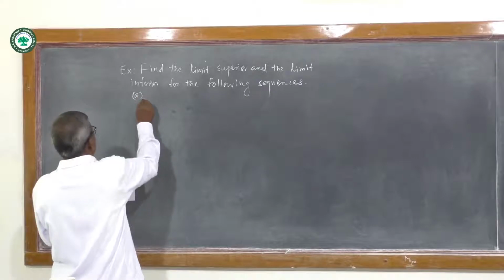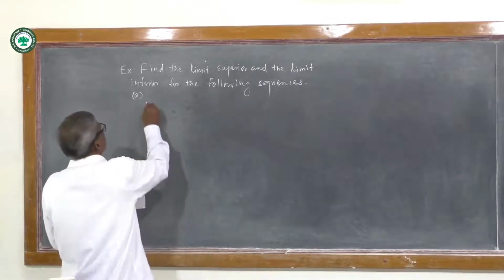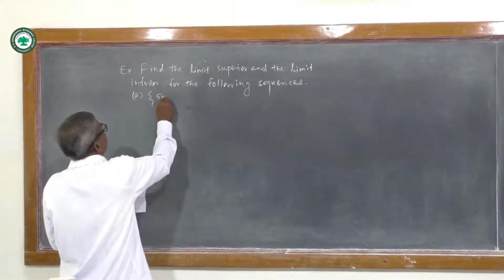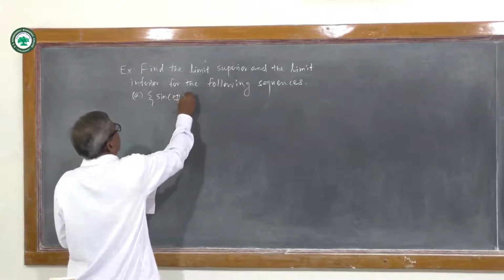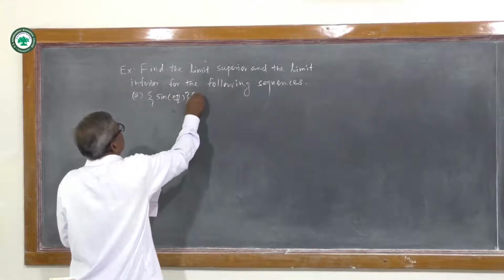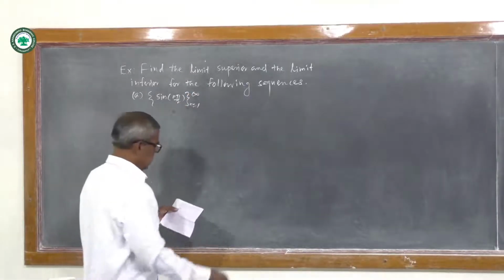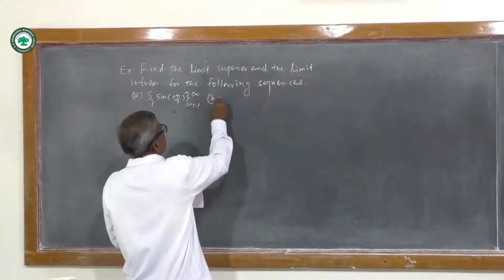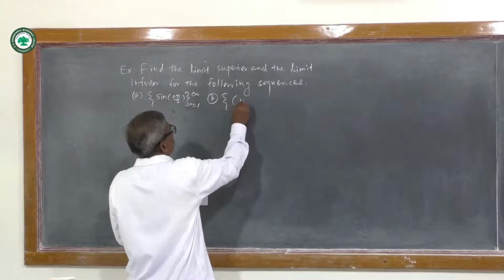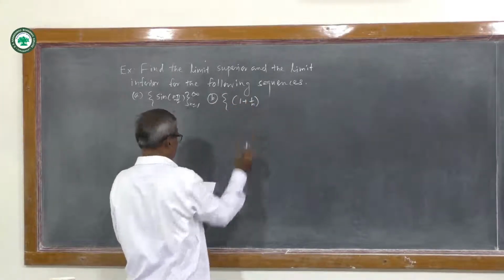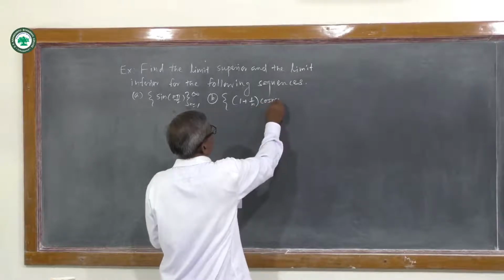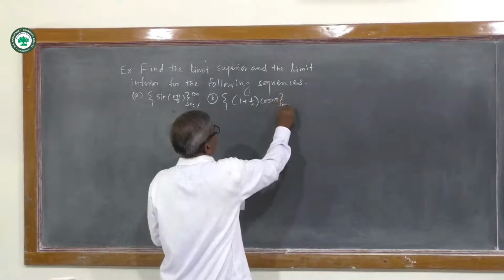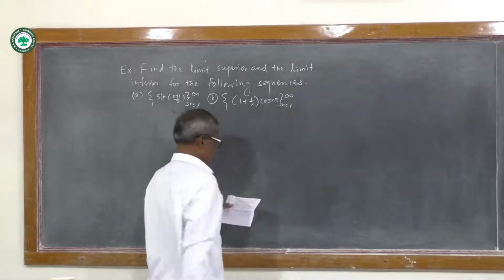A, the sequence sin n pi upon 2, n is equal to 1 to infinity. B, the sequence 1 plus 1 by n into cos n pi, n is equal to 1 to infinity.